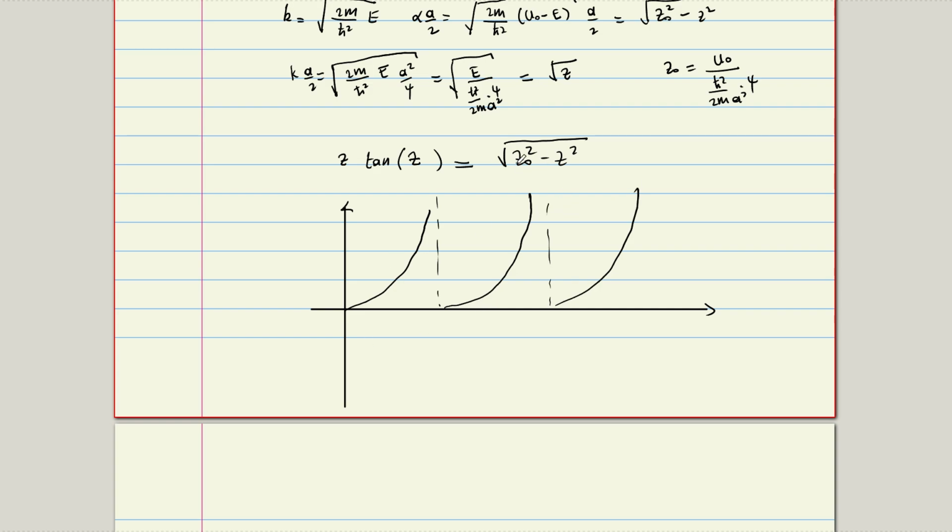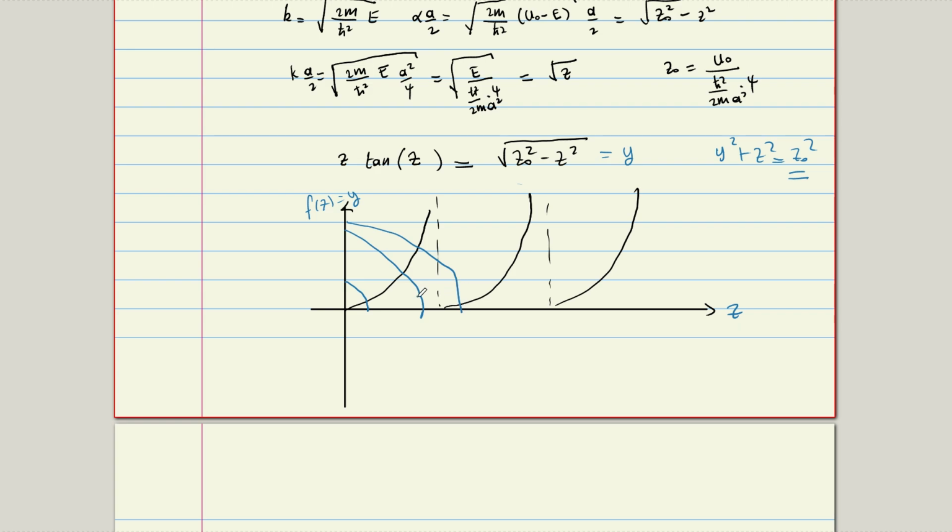And as we tune z naught, this is like an equation for a circle. You can call this y, and if you take the square of both sides, this is z, this is f of z, which is y, and y square plus z square is equal to z naught square, a circle, and the radius of the circle is z naught. As you tune z naught, we are taking bigger and bigger circles.